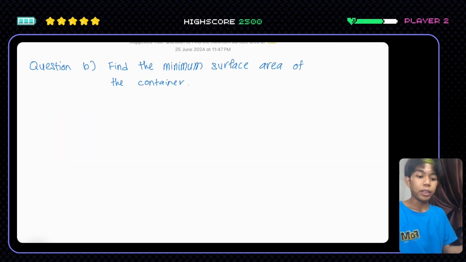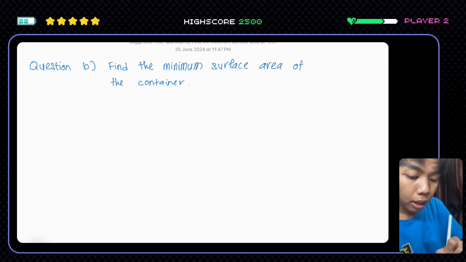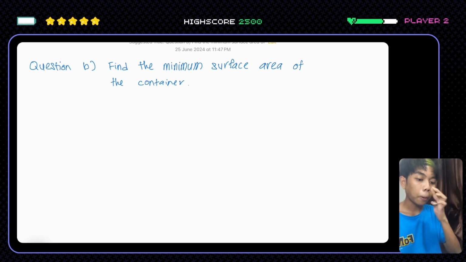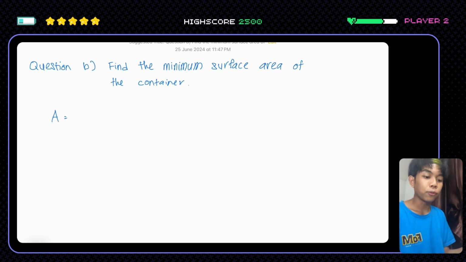For question B, we need to find the minimum surface area of the container. First, we need to use the formula given in the question. The formula is A equals 2πr² plus 1200 over r. In this case, we are required to find the minimum surface area.